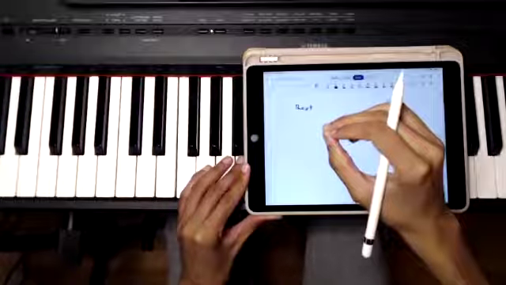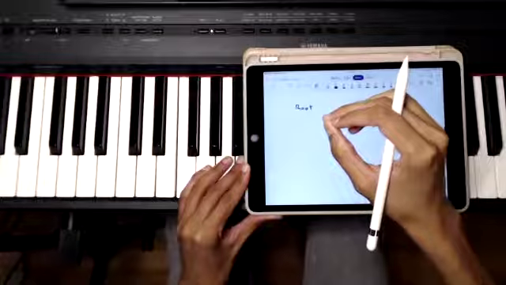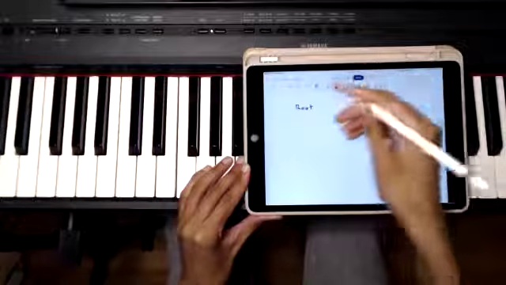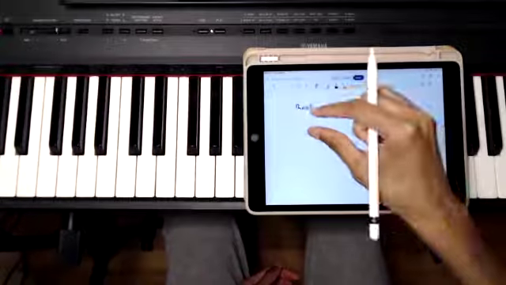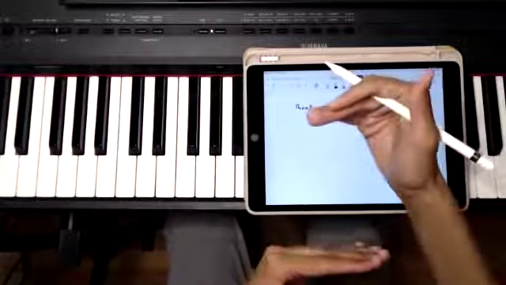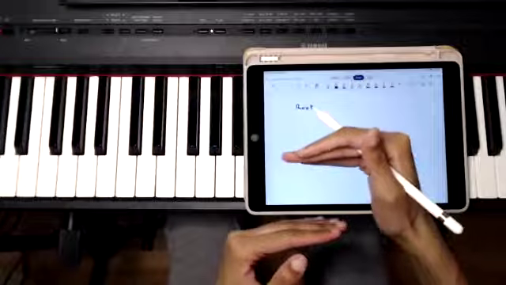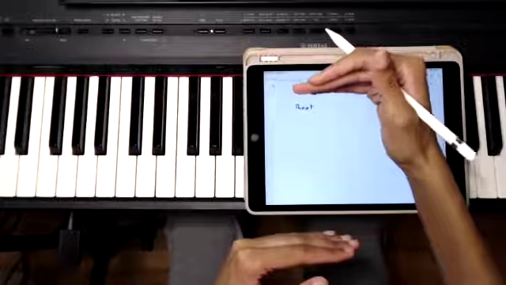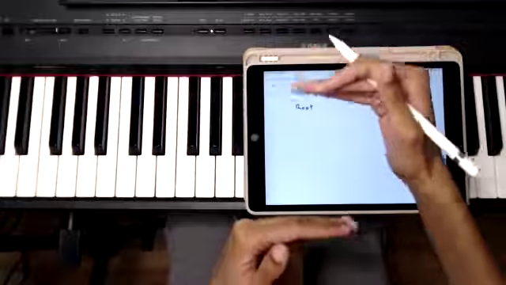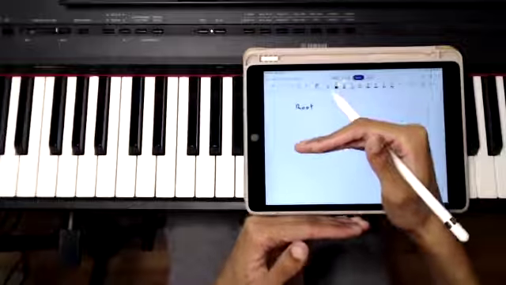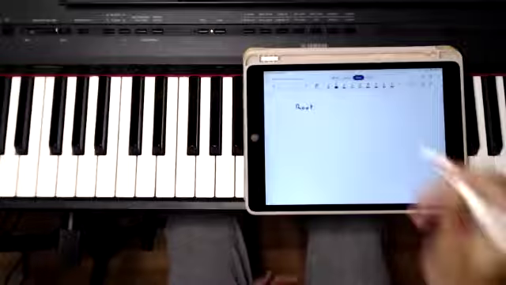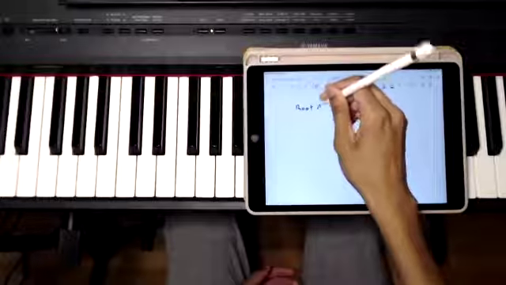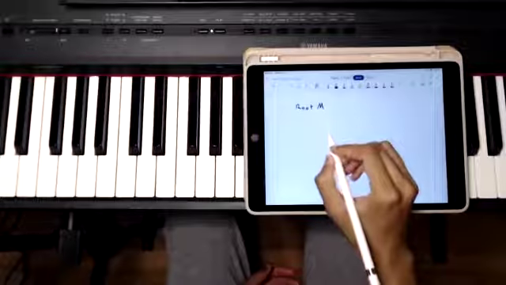Capital M stands for major, lowercase m stands for minor. Anything with regards to music theory, if it's capitalized, it's referring to major or augmented, and if it's lowercase, it's referring to a minor or a diminished. So that's usually going to be the next thing. So it'll be like a major or minor or, again, nothing at all.